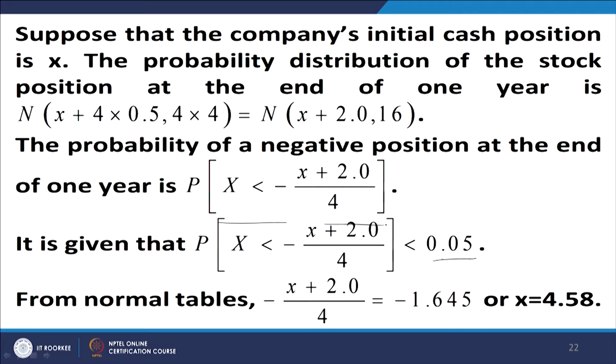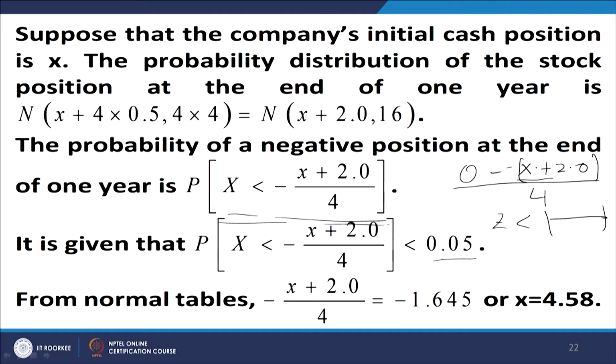See, this is the probability of bankruptcy. The mean is this expression, the variance is this. So, if you work out the standard normal variate, it is 0 minus (x plus 2), this is the mean, and this whole expression divided by the standard deviation, which is 4. So, the z value should be less than this value in order that bankruptcy should occur.